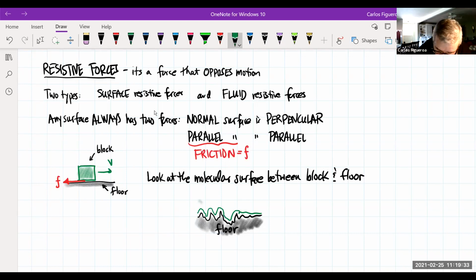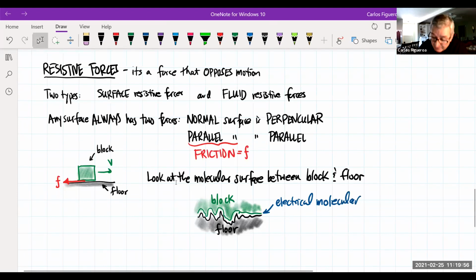And so when you're looking at this surface right here, this guy here is the block. And what you get in between these two surfaces is an electrical molecular interaction.